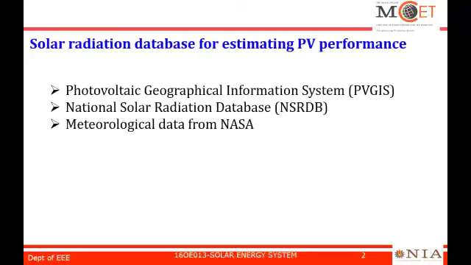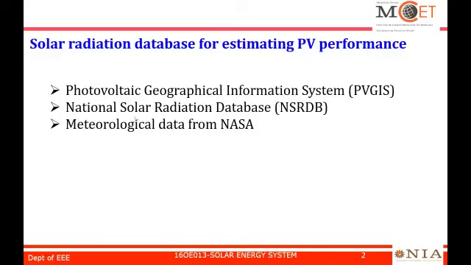This solar radiation database is important for estimating the PV performance or the generation of electricity at a particular place or location before the solar panel is installed. As we have already discussed, there are many websites to analyze the solar radiation database.